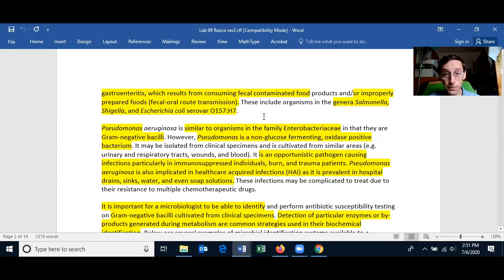And these include the genera Salmonella, Shigella, and certain strains of E. coli, like E. coli serovar O157:H7, which is a human pathogen. Any questions about any of that?